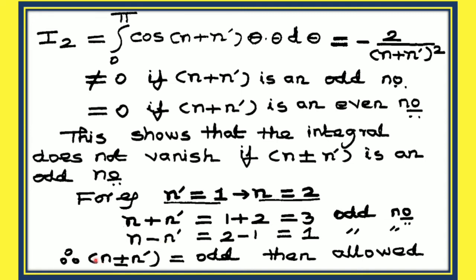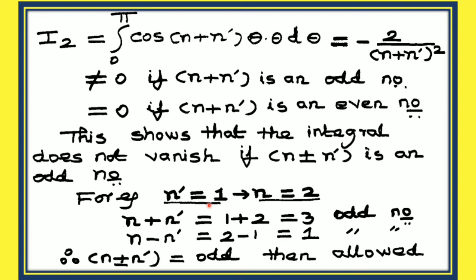That is the condition: if n plus or minus n prime is odd, then the transition is allowed. You know the transition is delta n equal to plus or minus 1. Here 2 minus 1, therefore this is allowed.